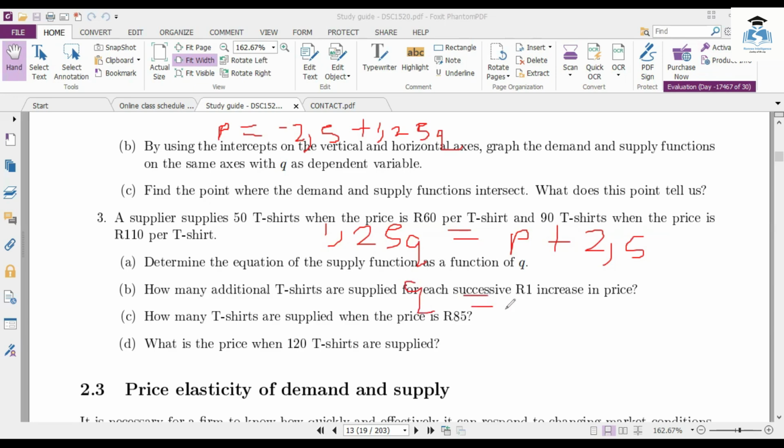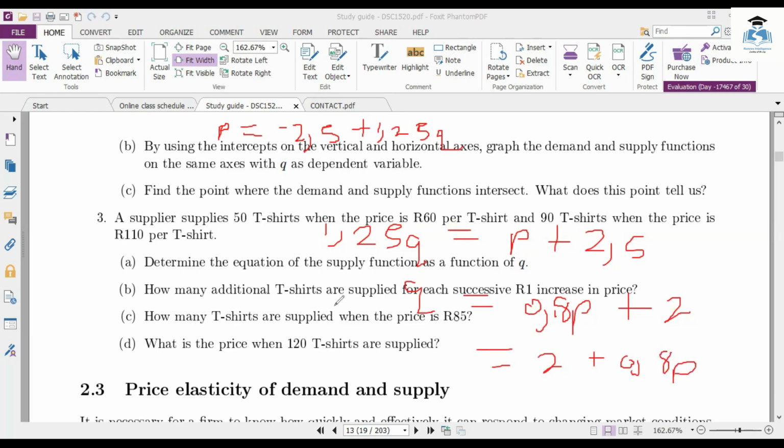Q is equal to 1 divided by 1.25, that's 0.8, so 0.8P, plus 2.5 divided by 1.25, plus 2. So in other words, this equation is Q equals 2 plus 0.8P.